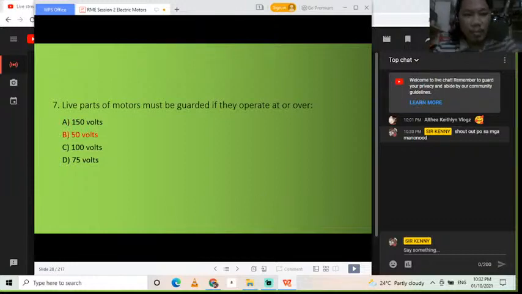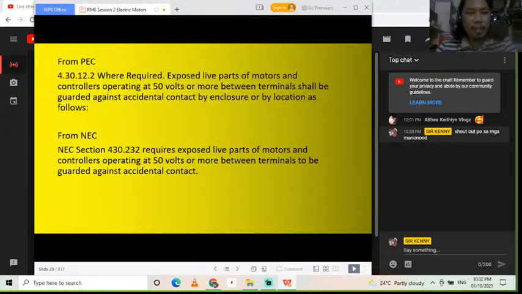So saan po natin makikita yan? Sa Philippine Electrical Code 4.30.12.2. Shall be guarded against accidental contact by enclosure or by location as follows. Hindi ko na nilagay yung follows kasi masyadong haba eh. So, kung meron po tayong Philippine Electrical Code, pwede naman po natin yung buksan.